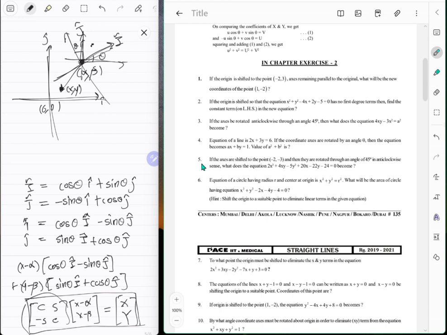You are changing capital I hat to small I hat and so on. So we will multiply by this matrix, cosine, sine, minus sine, cosine, times capital X, capital Y. That will give us what this is.